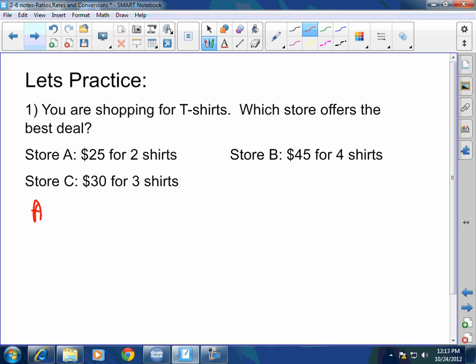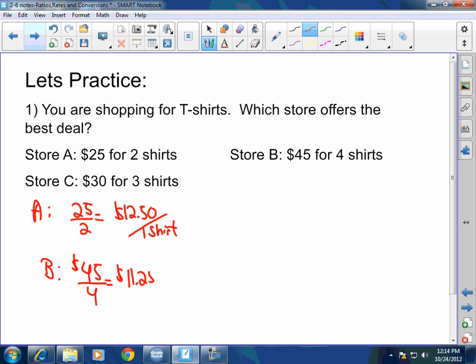So for store A, my unit price is going to be $25 divided by 2. So that's $12.50 for one shirt. Store B, $45 divided by 4. That's going to be $11.25 per one shirt.